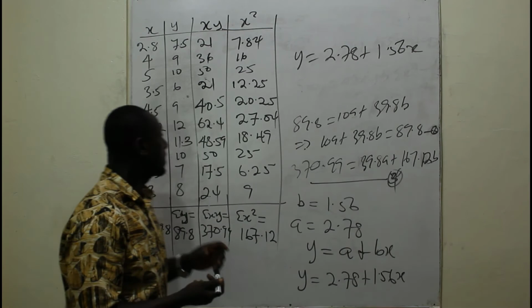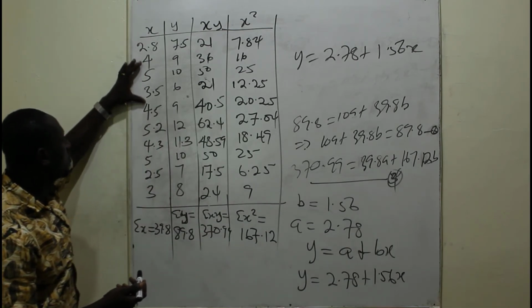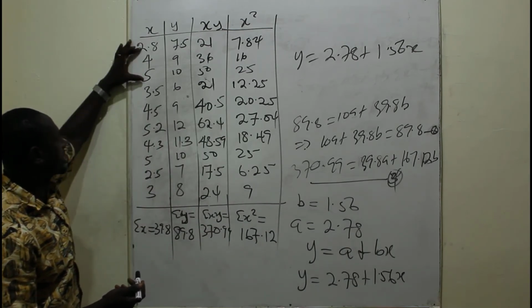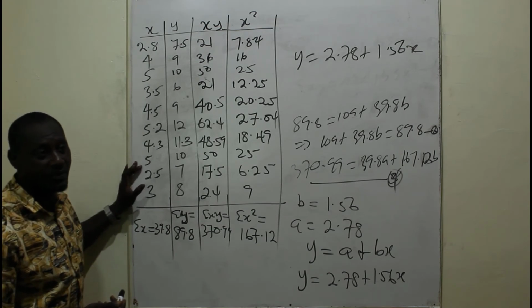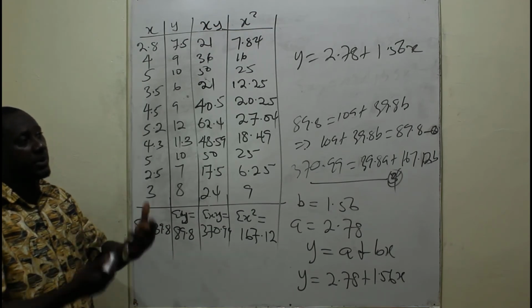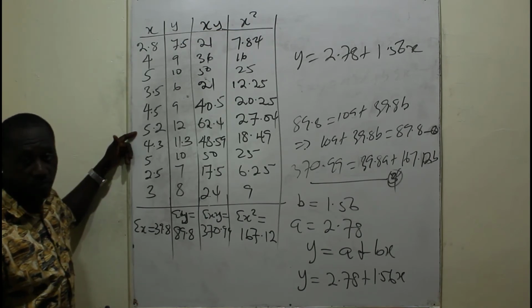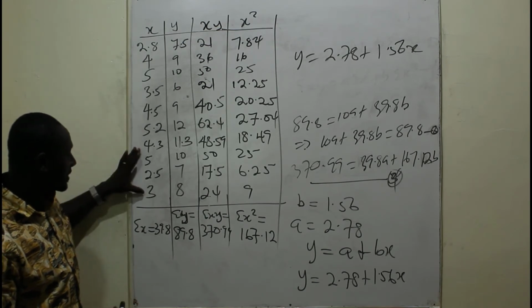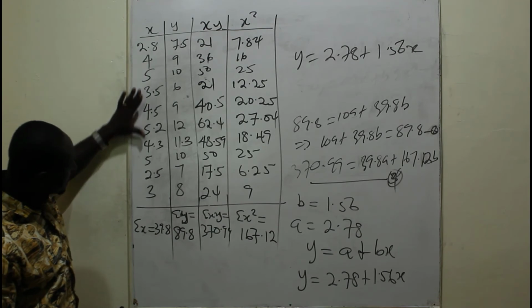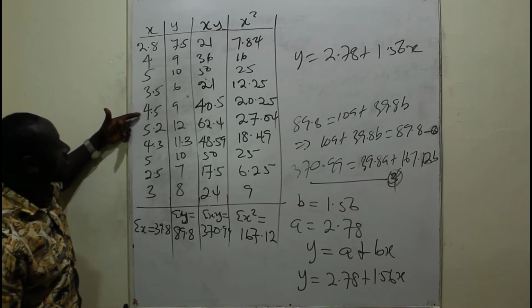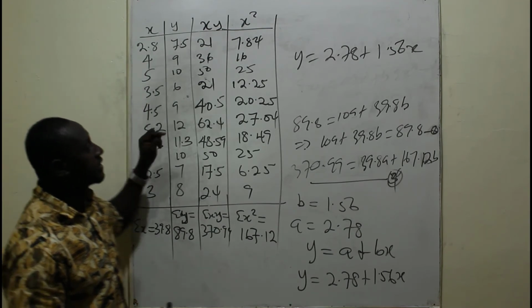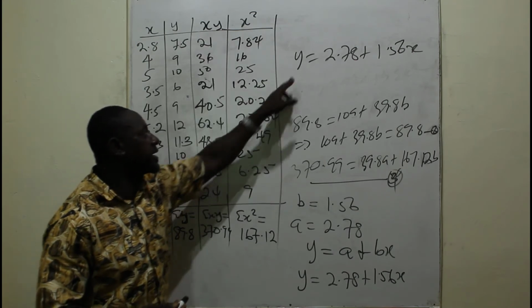But now we are assuming that we are going to pick a value which is outside the values that we have been given. So we are going to use it to do a prediction. If I have any value which is not here, say 2, and put it for x, what will be its corresponding value of y?